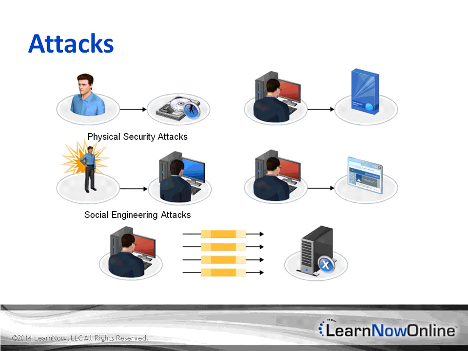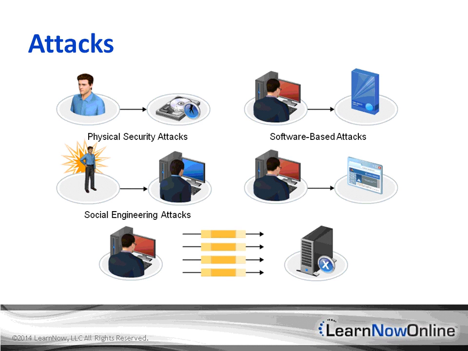There are social engineering types of attacks. Social engineering, as we'll see later, is really an attack on people as opposed to computer systems. It exploits the fact that really the weakest link in IT security is the fact that people use the system. And so, again, we'll look at that more later.